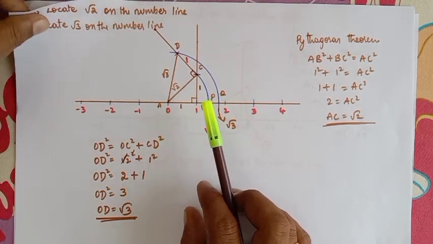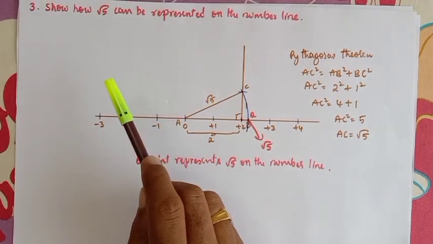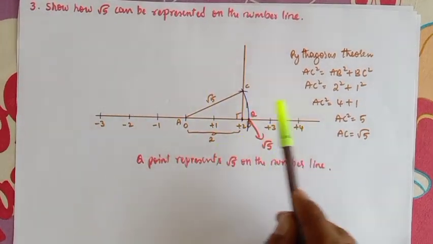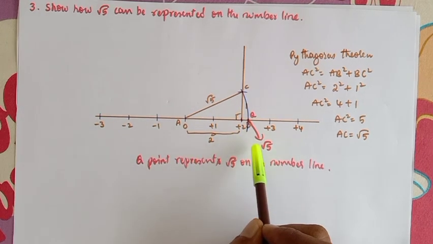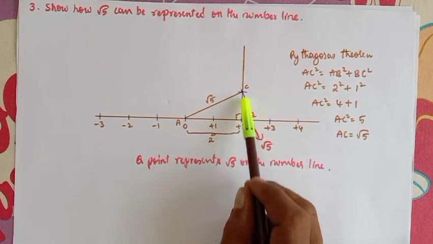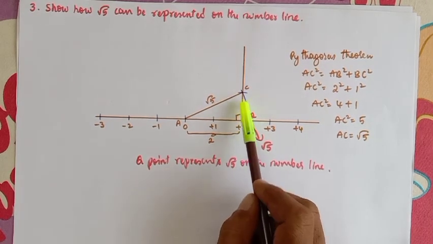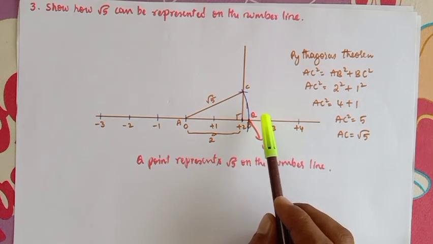But in the case of root 5, to locate root 5, it's of no need. We can directly find root 5. We have taken length 2, whereas here we have taken 1. It is a simple construction by which we can locate root 5 on the number line.